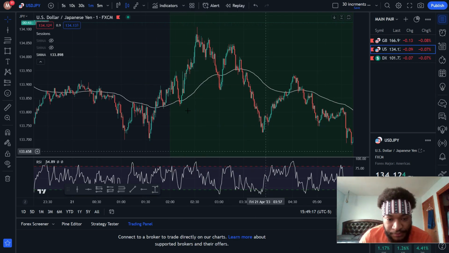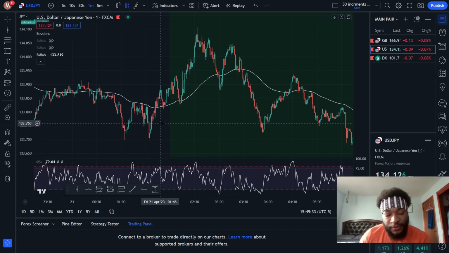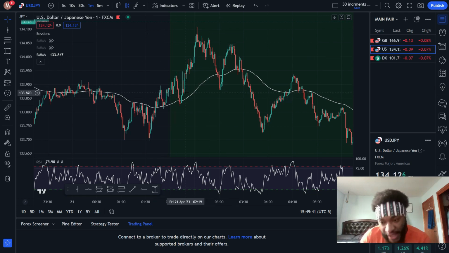All right, so if I'm here, right, let's say at 2 a.m., if I'm seeing price trade above this 50 SMA, and I'm just coming on the charts, I'm looking at the chart, I only want to trade with the direction that the smoothed moving average is trading.